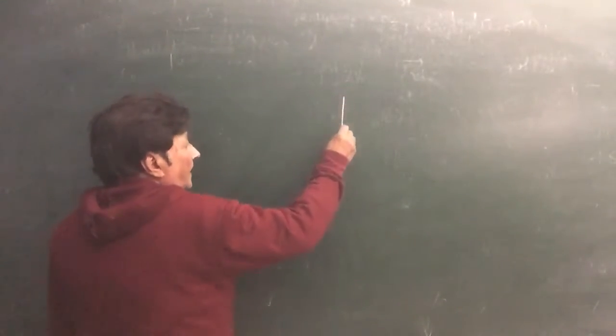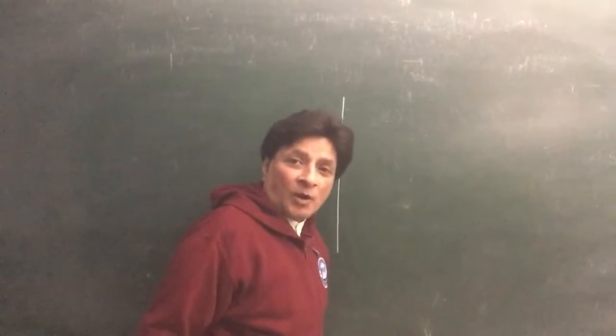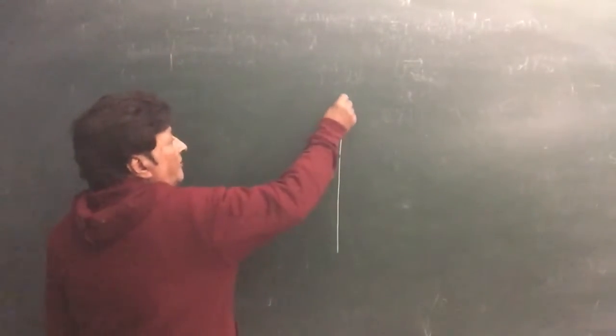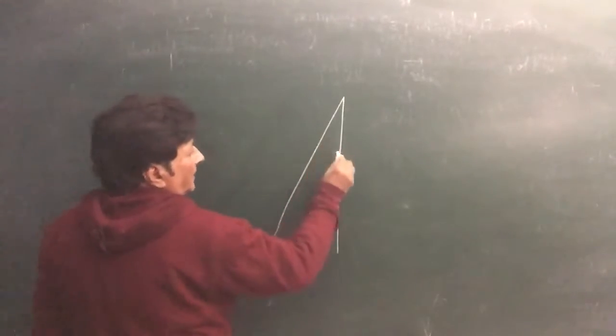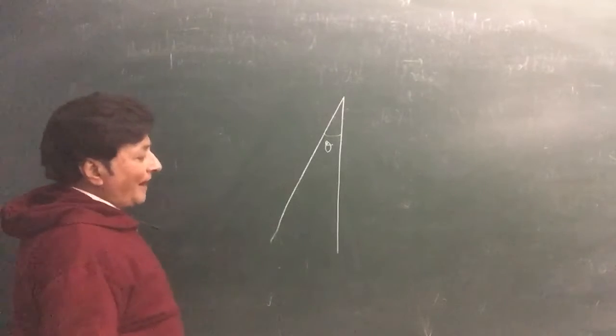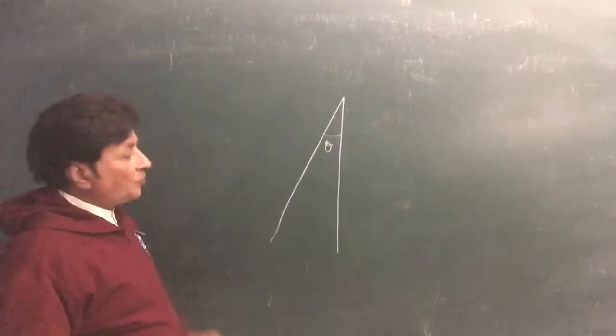See, we assume that one leg is perpendicular and the other is like this, right? When we take a small step, then the angle theta with the normal leg is very small.